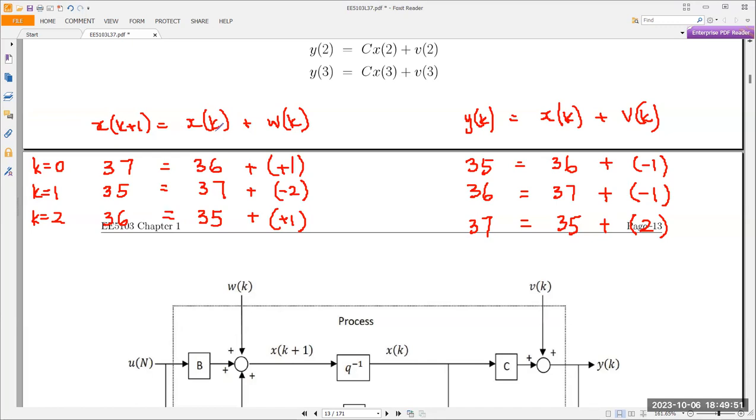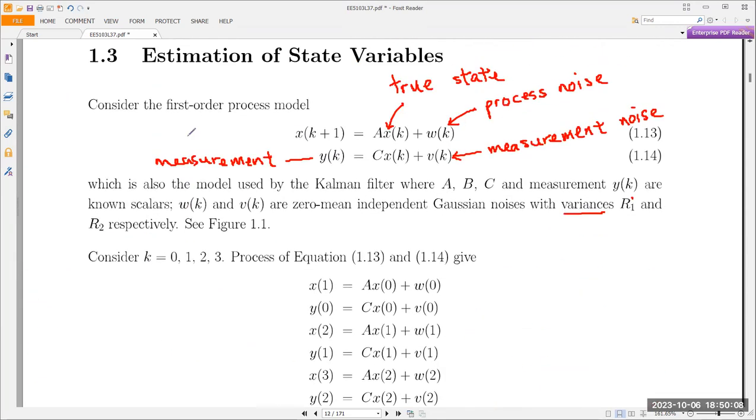So even the real body temperature, though we say is equal, is not really equal. So you also need to have another Gaussian noise here to model the true temperature in your body. Okay, so this is the interpretation of these two equations.